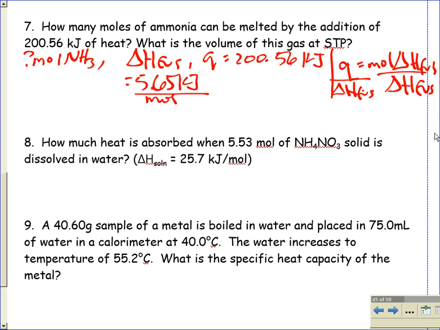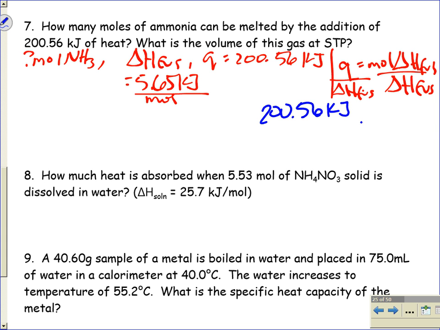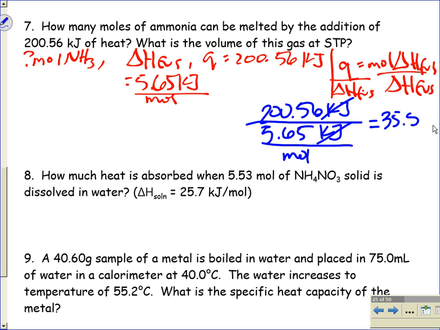So 200.56 kilojoules divided by 5.65 kilojoules per mole. Kilojoules cancel, and you get 35.5 moles of ammonia.